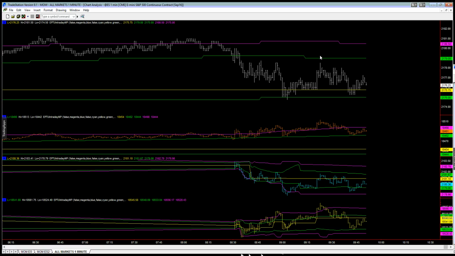Now, we found resistance up here, although not easily associated with any specific profile line, and then it drops again.